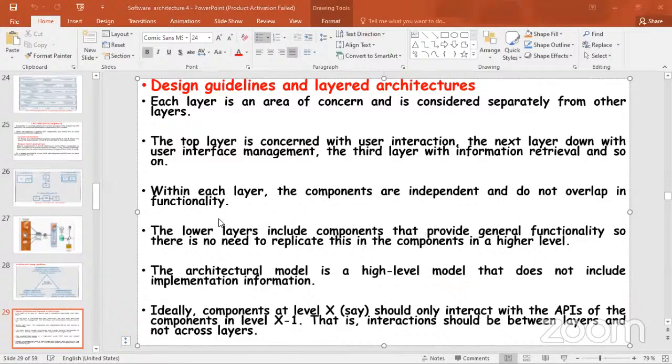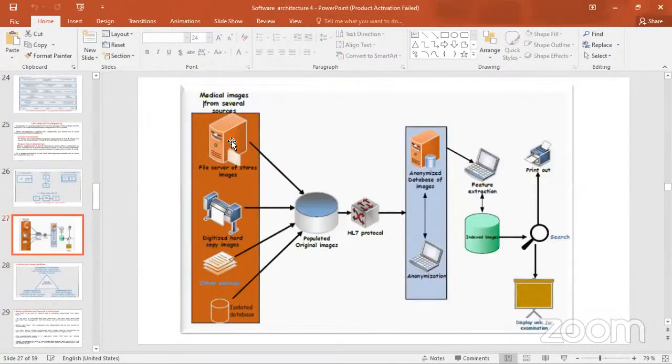The lower layer includes components that provide general functionality, so there is no need to replicate this in the components in the higher layer. So you see, in this diagram that we have here, we do not have to replicate getting data, because this data has to go through pre-processing.